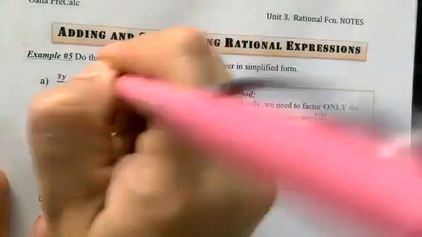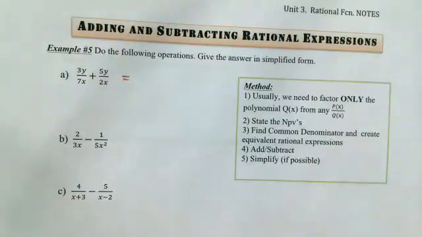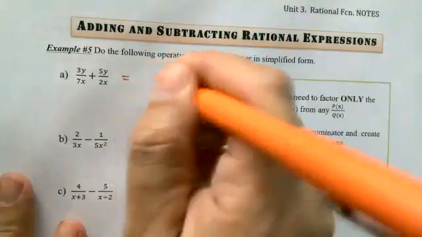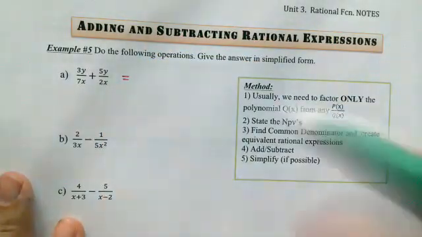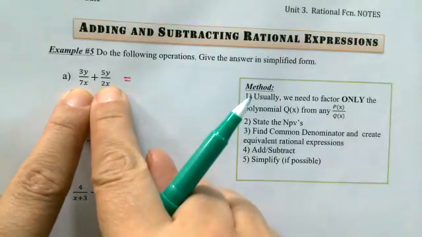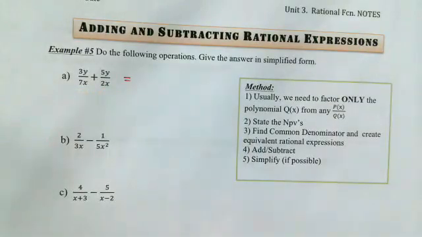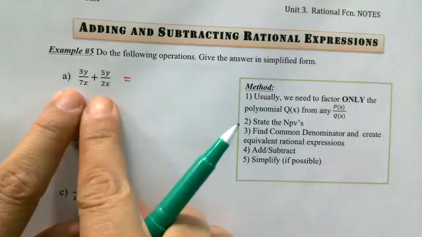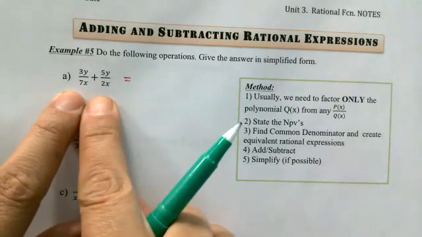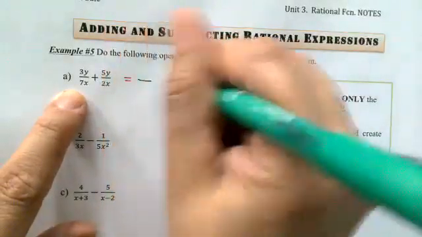So in the first situation, we have 7x and 2x. These ones are easy to do because the x appears in both of those denominators, right? So the common x is going to be x, the lowest common multiple for x terms. Between 7 and 2, you need the lowest common multiple, which is 14, right?